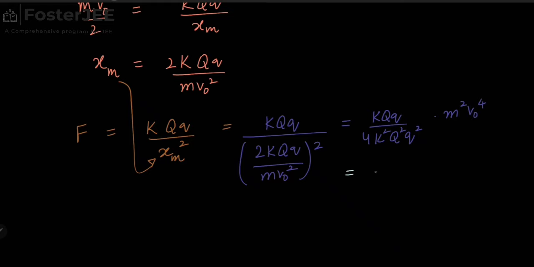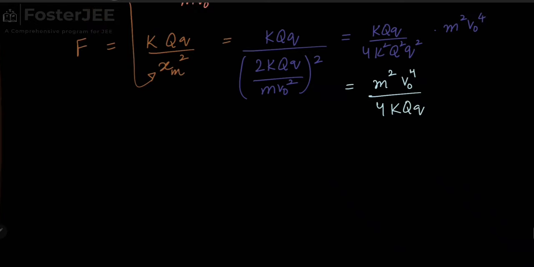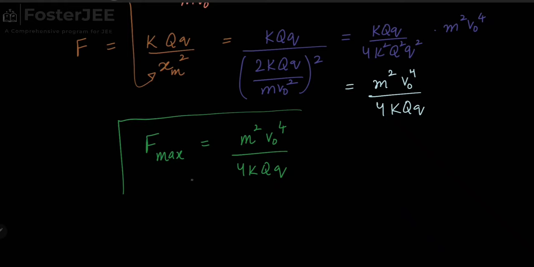Now simplifying this, we get m square v naught power 4 upon 4kqq. So the maximum force F max will be m square v naught power 4 by 4kqq. This is the maximum force between the two charges.